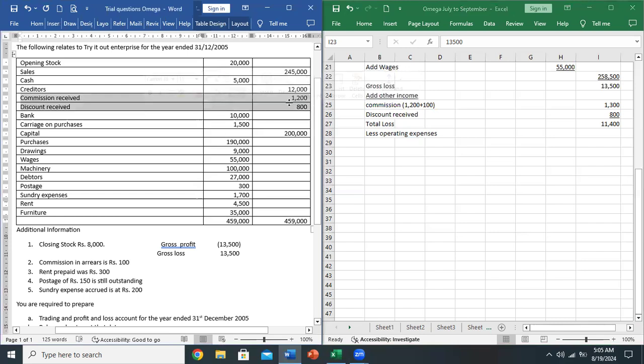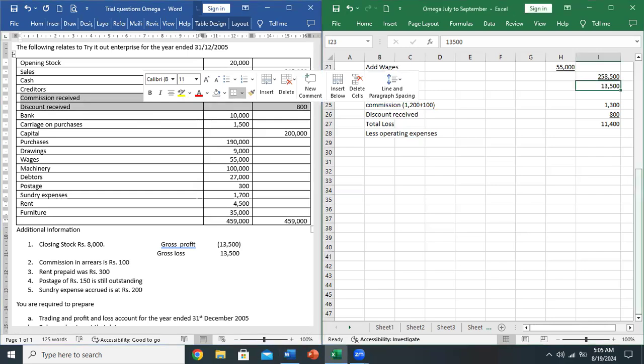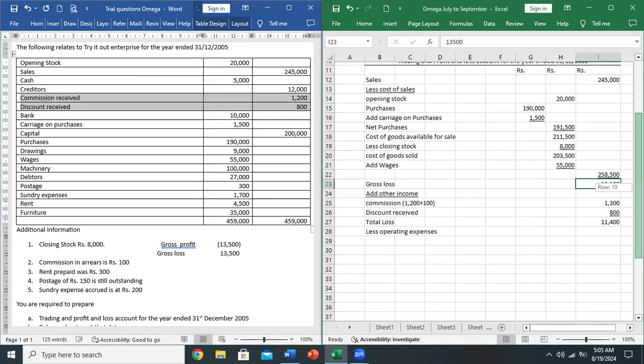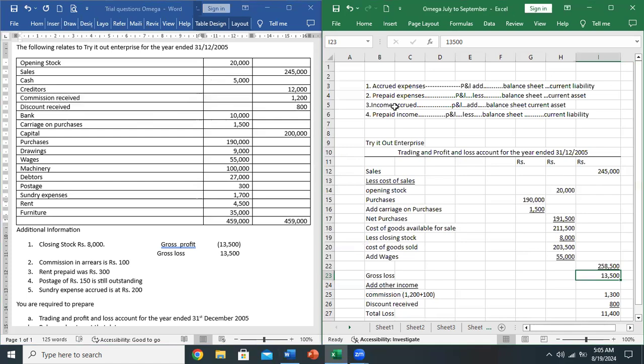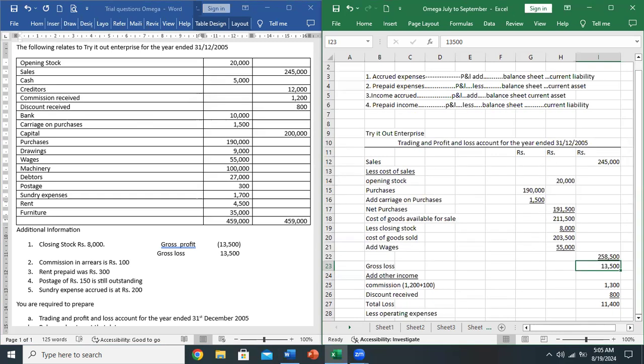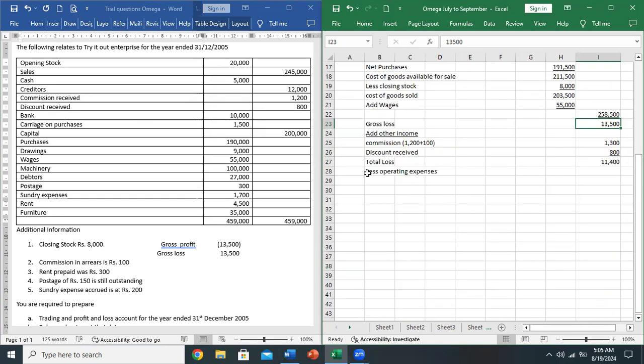However, for the commission we were given additional information that there was some arrears of 100. And we have all agreed that when you have additional information telling you about income in arrears or accrued, you add it. So we are adding that 100 to the 1,200 already in the trial balance to give us 1,300.